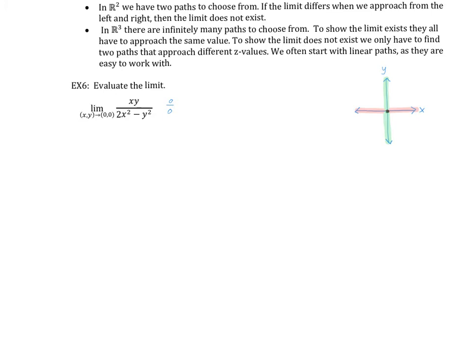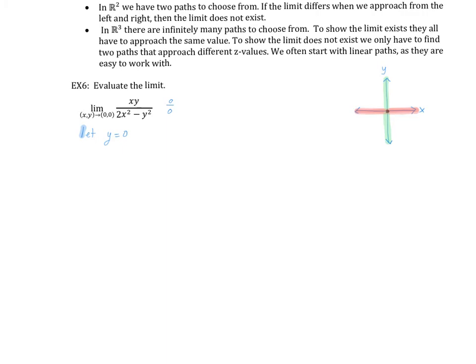So if I want to approach using a horizontal path, then that would be where y is 0. So I'm going to let y equal 0.